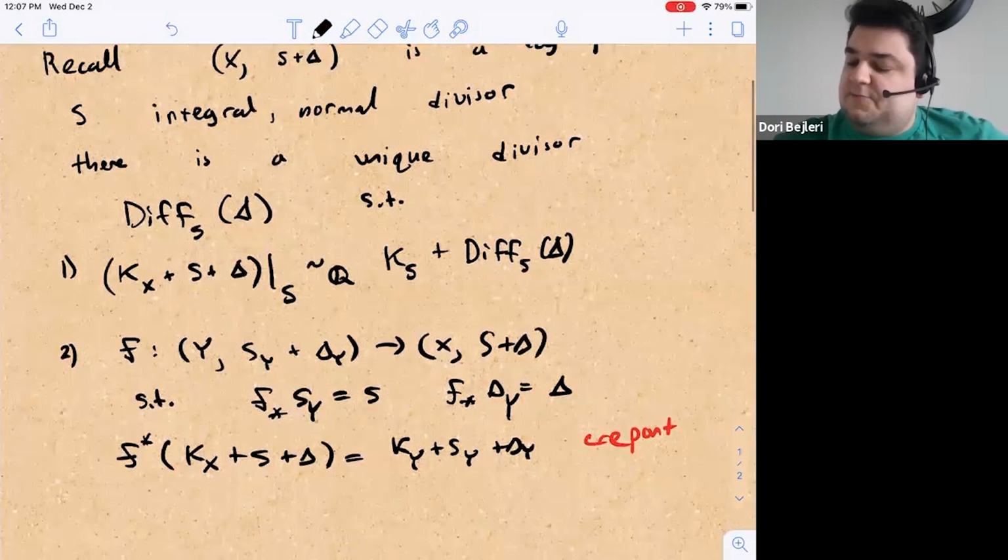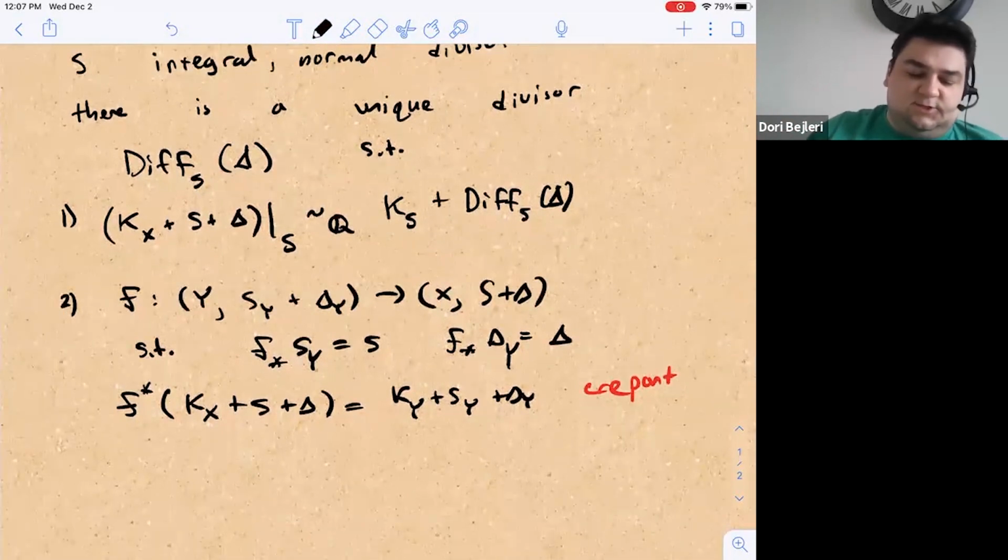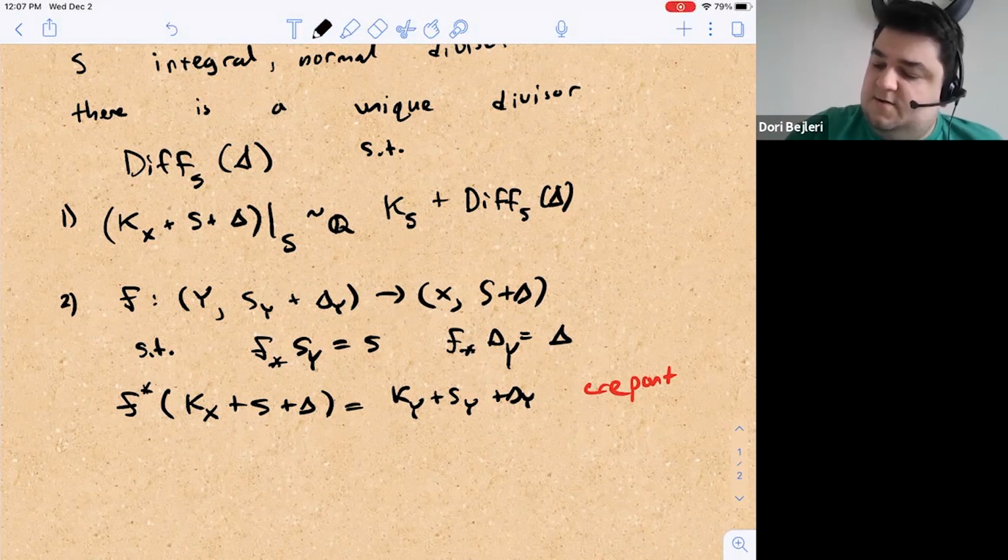Anyway, if you take a crepant log resolution, then we said that you can compute the different by first computing the different upstairs. In that case, it's just Δ_Y restricted to S_Y, and then pushing forward.